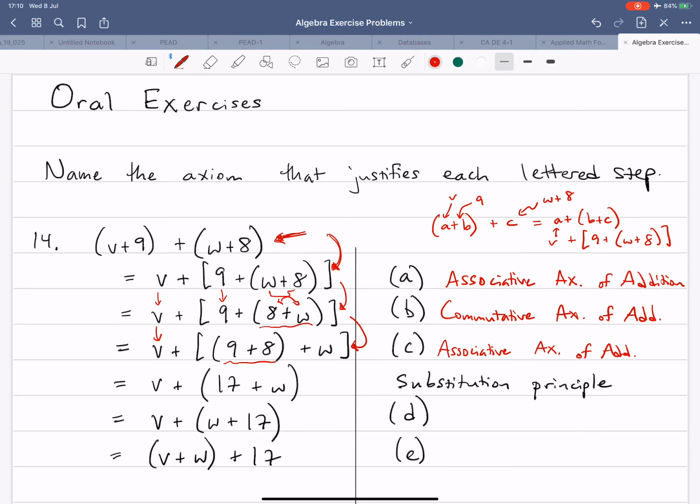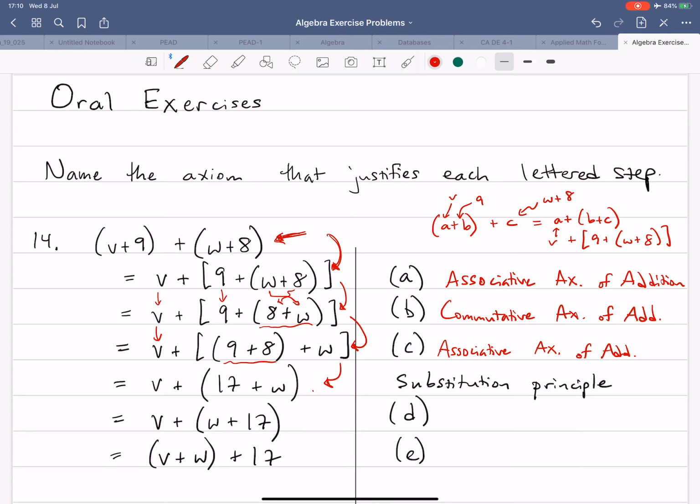Okay? To go to this next step, the only change that was made is we substituted 17 for 9 plus 8. And we know that we can do that because of the substitution principle, which I think was discussed in one of the early sections of chapter 1.